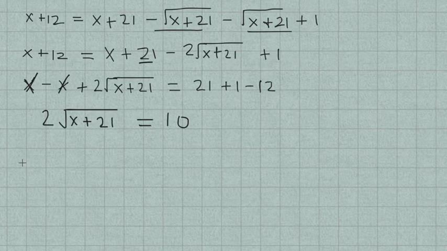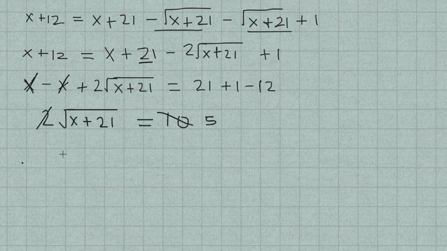Next, the 2 cancels out in 10, and we have 5, right? It's 5.